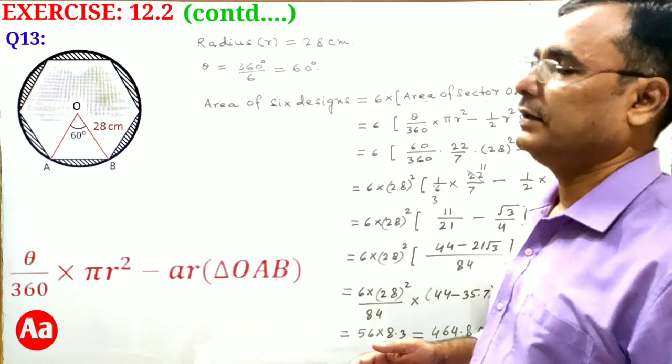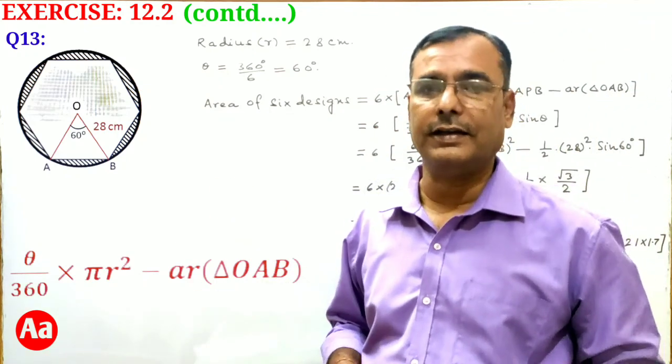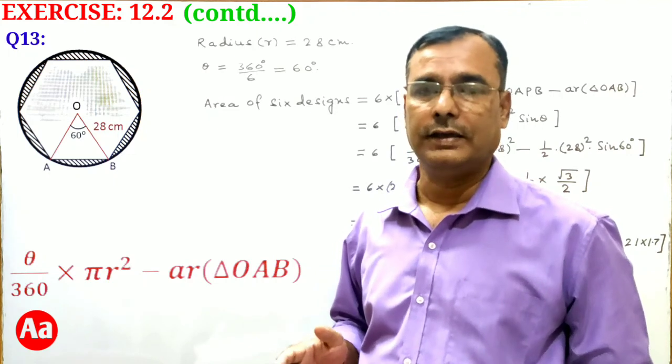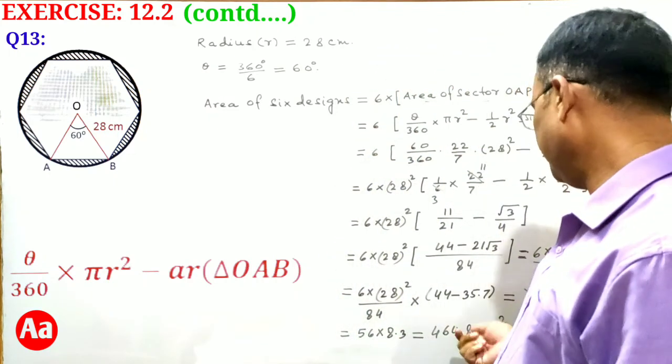We have to find the total cost of making these 6 designs at the rate of rupees 0.35 per centimeter square, and the total area we have got.